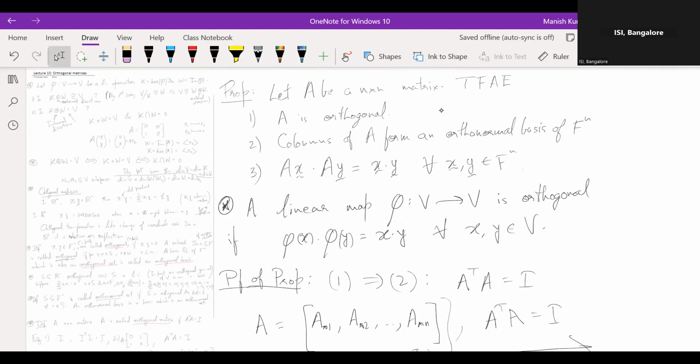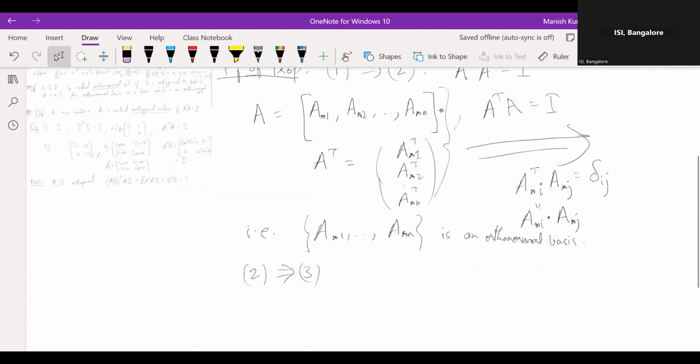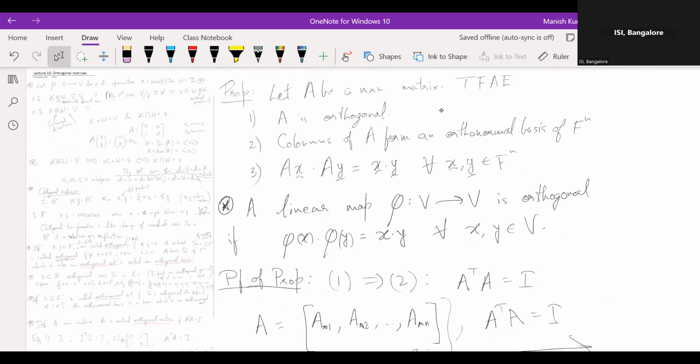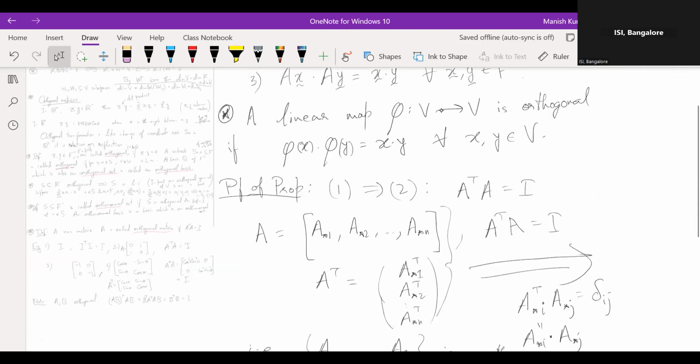So let's say the columns of A form an orthonormal basis of Fn. Then we want to show that Ax dot Ay is the same as... actually, let's prove one. I mean, two and one are more or less equivalent.